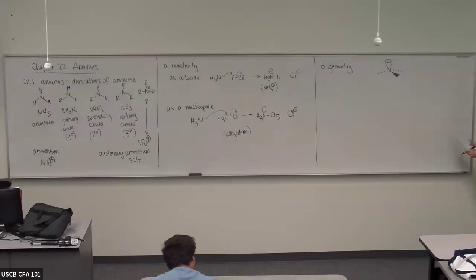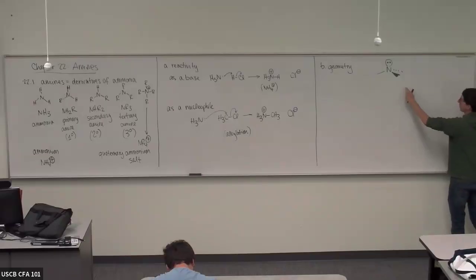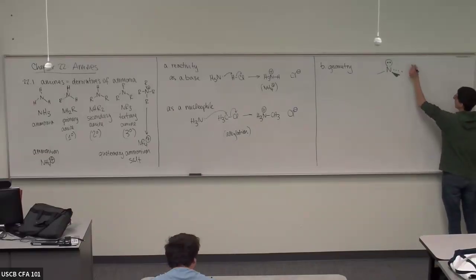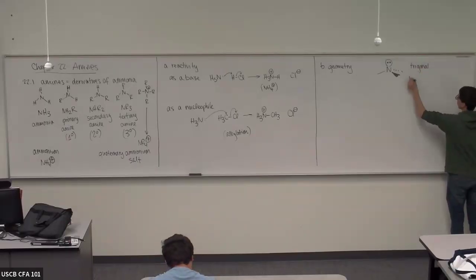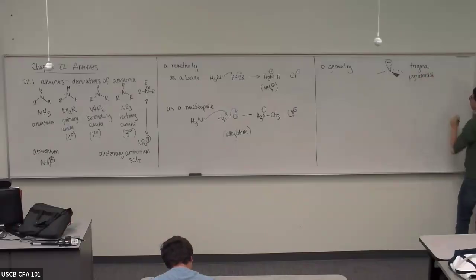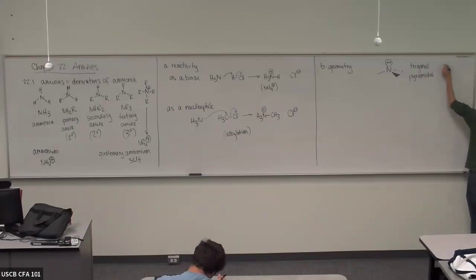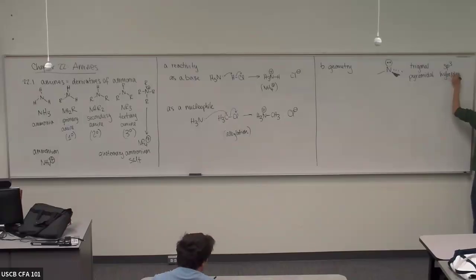And so if we remember from VSEPR theory in Gen Chem, when we have something like this, the molecular geometry is trigonal pyramidal. And the nitrogen atom is sp3 hybridized.